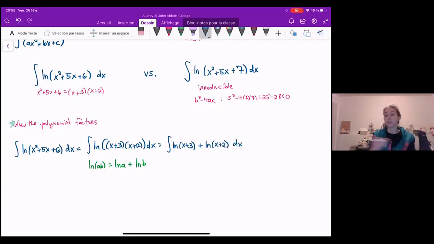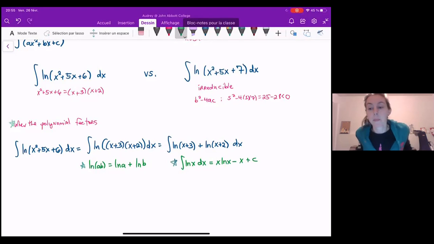And now I can do the two integrals separately, except really we just have to remember, I said we could memorize this. The integral of ln x dx is actually x ln x minus x plus a constant. So in this case, we don't have ln x exactly.